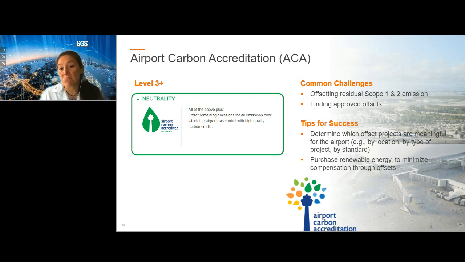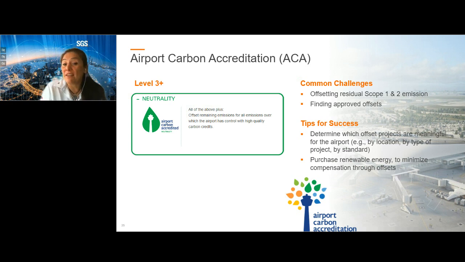So a good thing that I can tell you here, when you are going to buy offsets, you're going to invest money there. So it's good to buy offsets that are meaningful for your airport. For example, because you protect a certain location or because you are based somewhere. So try to buy offsets that are meaningful for your location, or maybe that you want to sponsor some type of project, maybe a renewable energy project or waste, or methane projects.